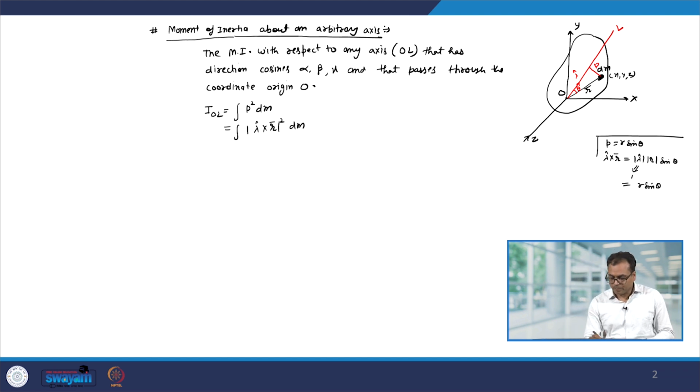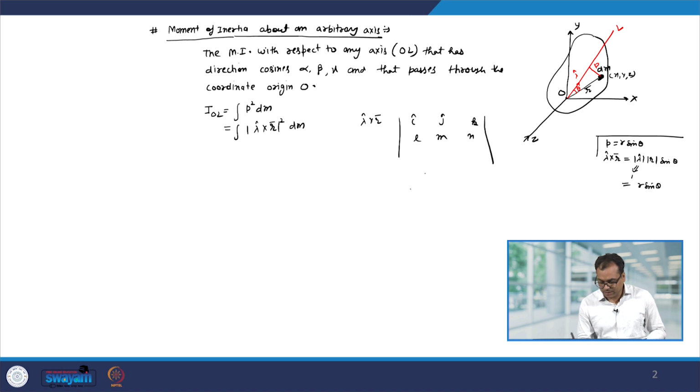So, now this lambda cap has direction cosines L, M and N and this is just a vector product. So, let us find out what is lambda cap cross r. So, lambda cap cross r will be the determinant of i, j and k, L, M and N and vector r is x, y and z.